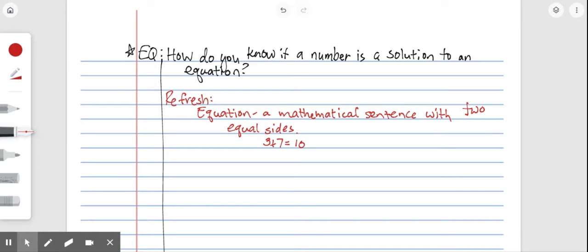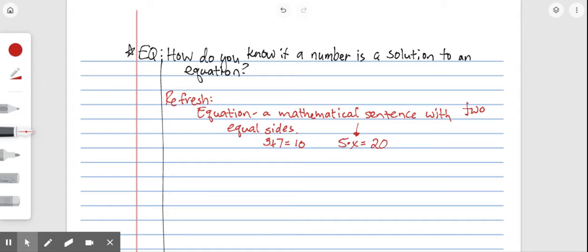Equations can have variables too, so you could have something like 5 times x equals 20, and that's also an equation because, again, the left side equals the right side. It's just that this x is an unknown for now, but you could probably find what x equals. So an equation is a mathematical sentence with two equal sides.